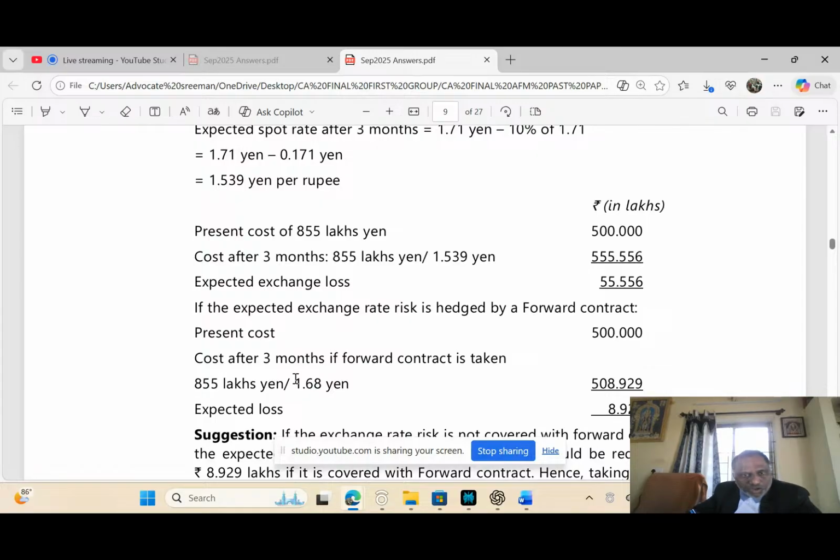Cost after 3 months: 855 lakhs divided by 1.539 yen.